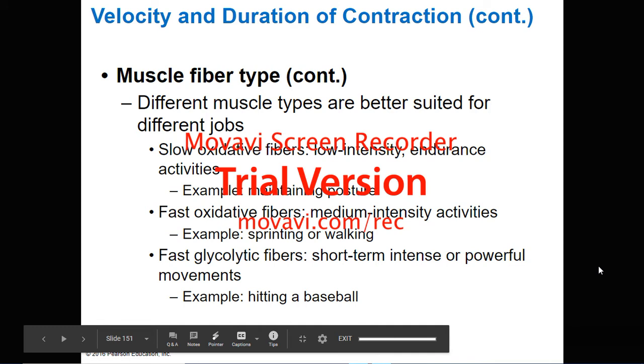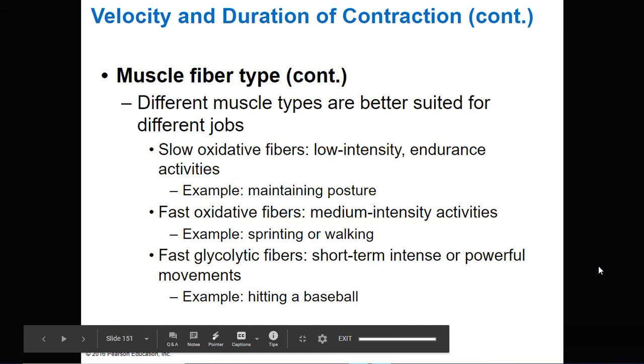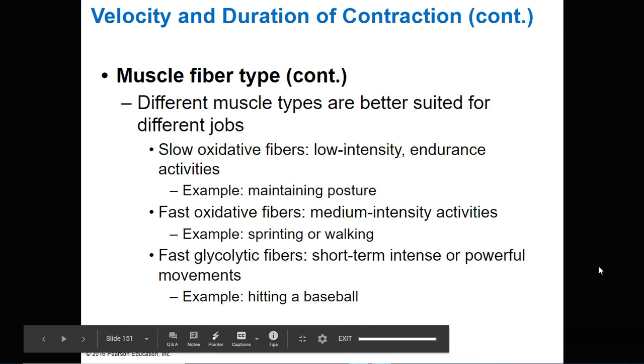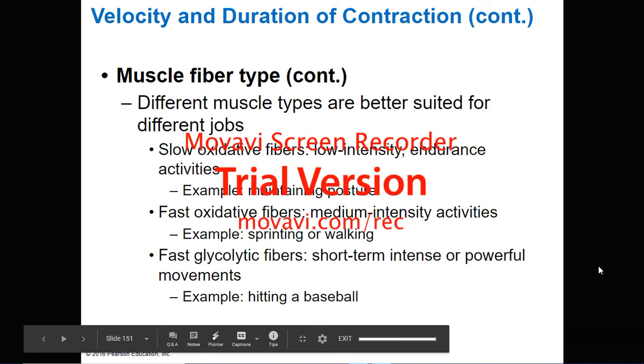These fiber types resist fatigue and have a high endurance capacity. They're thin, have relatively little power, have many mitochondria, and have a rich capillary supply. They are red in color because they have an abundant supply of myoglobin, the muscle's oxygen binding pigment.